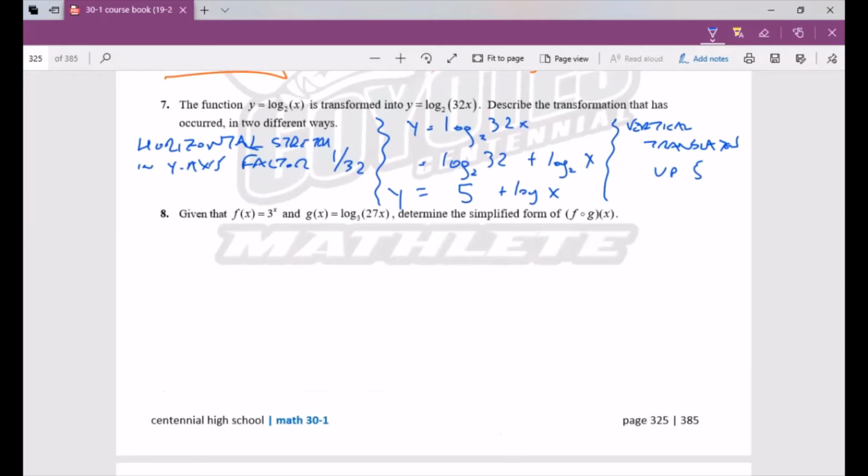So f of g of x, remember that f circle g of x is composition of functions. g is your inner function and f is your outer function. If we write it like this, then this is really just f of, now let's replace g with what it is, logarithm of 27x.